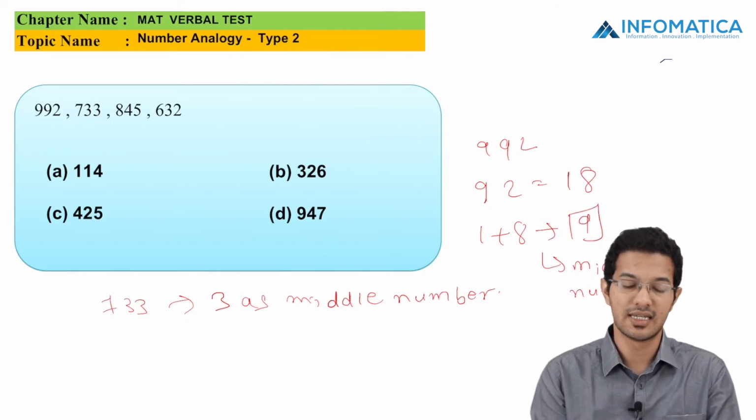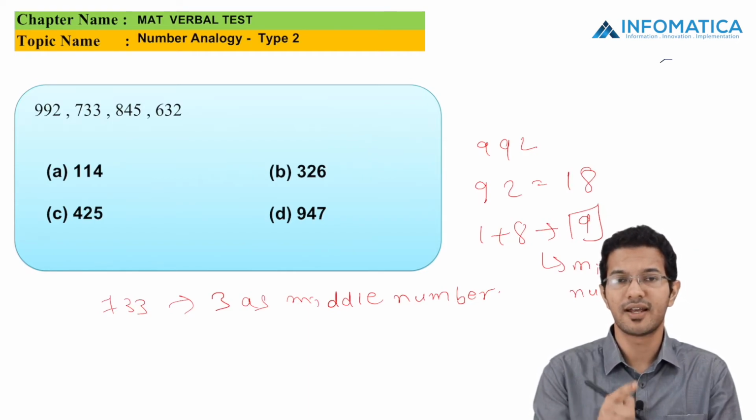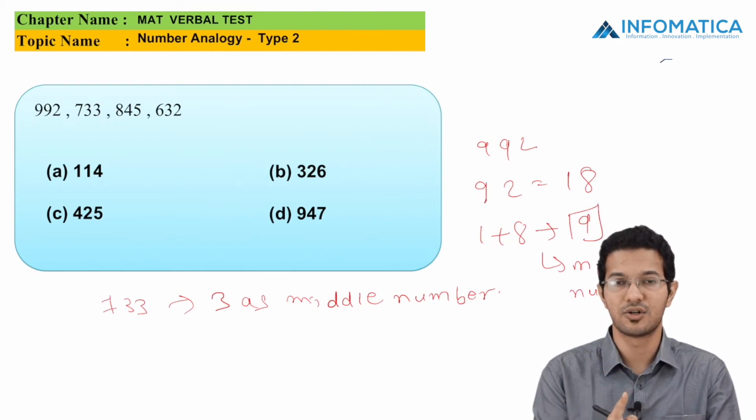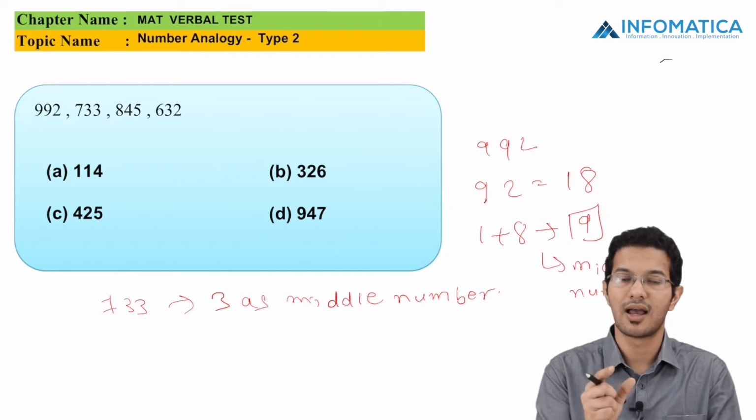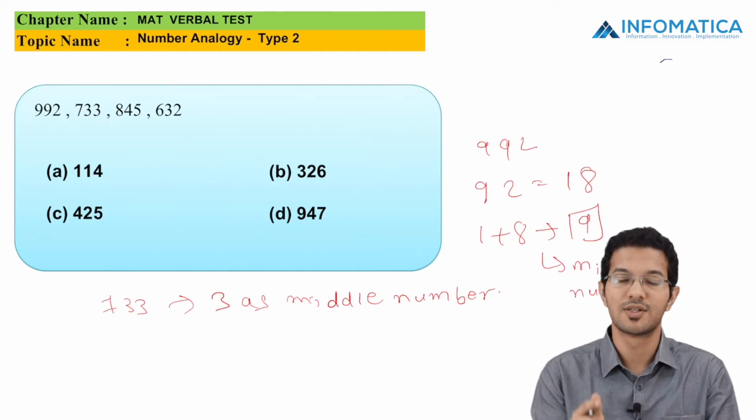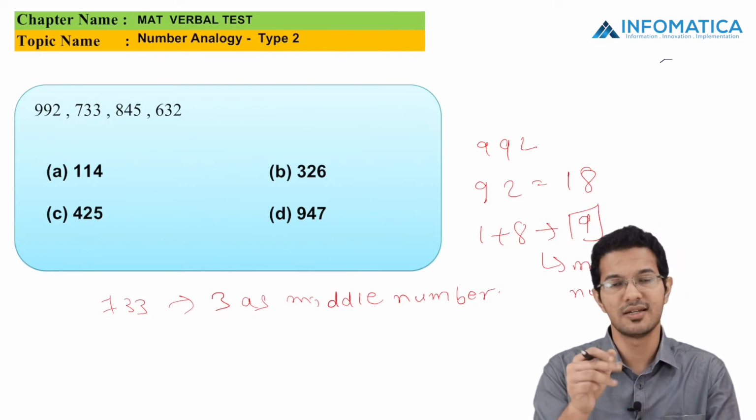Let's see option C, which is 425. If I take the first and the third number, which is 4 and 5, I get the answer to be as 20. Now if I add 2 plus 0, I have the answer to be as 2, which is nothing but the middle number. Thus, this is following the sequence.